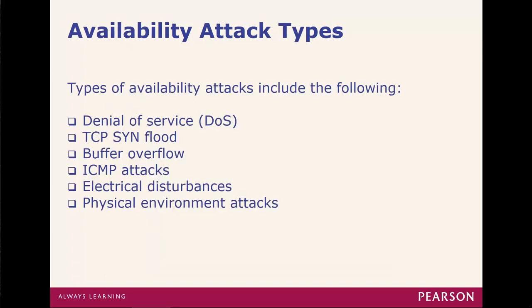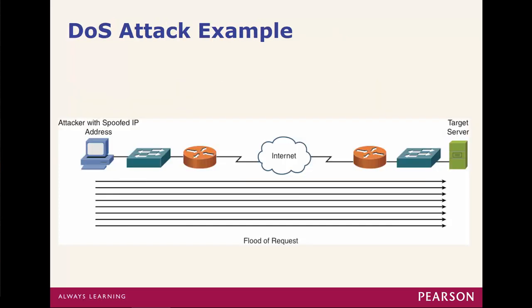Availability attacks: a distributed denial of service or DDoS attack, a SYN flood attack, a buffer overflow, ICMP or ping of death, electrical disturbances, or maybe even physical environment attacks. You know where their equipment is, you make it run hotter, or you make it run cooler. So here's an example of a DDoS attack.